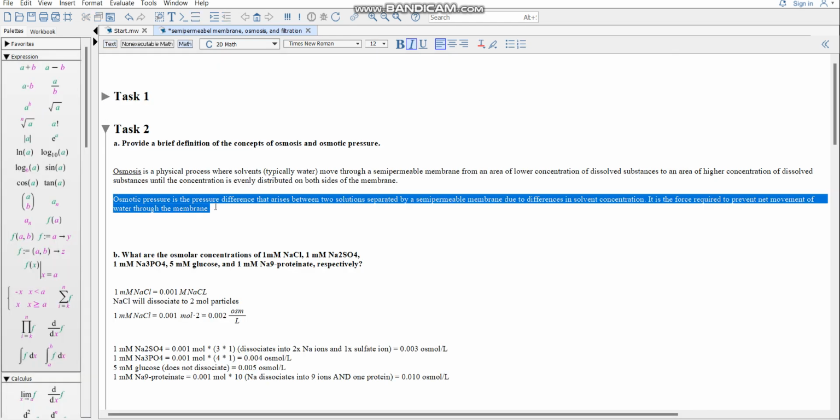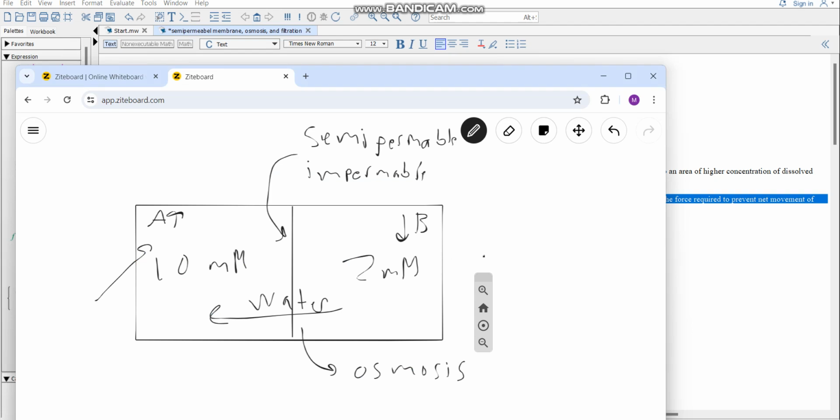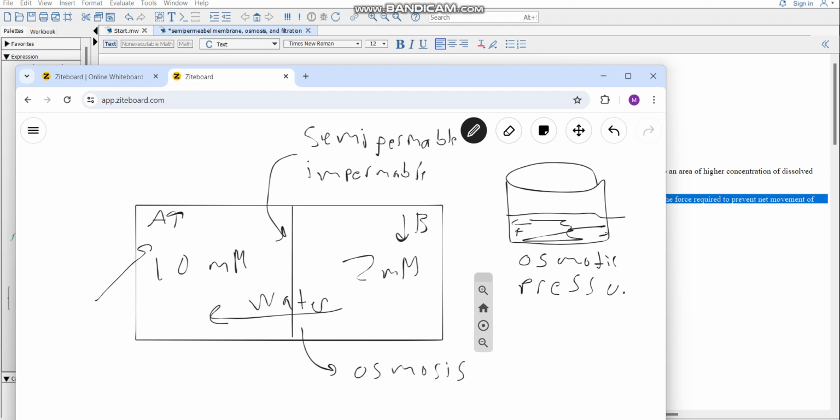Then we also have the concept of osmotic pressure. What is osmotic pressure? Well, suppose you have a beaker with water. The pressure water exerts on the beaker is osmotic pressure. And the same thing, you could have a blood vessel, you could have a cell membrane.